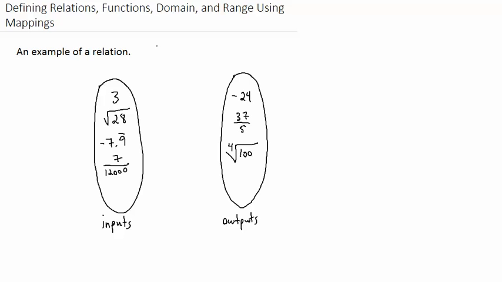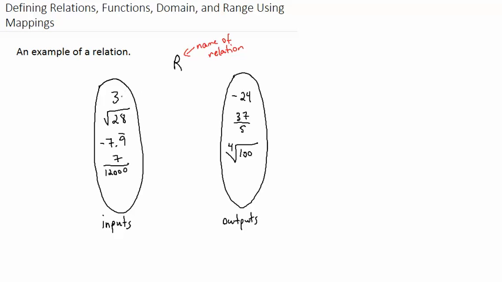Okay, and so a relation will take and relate the inputs to the outputs. So let's call this relation R. I'll label that up here. That'll be the name of this relation. And a relation relates the input numbers to the output numbers.